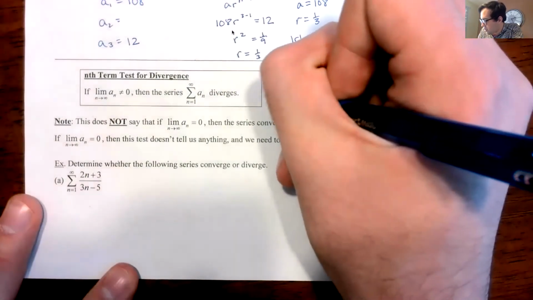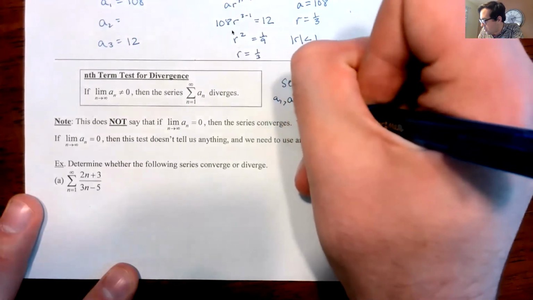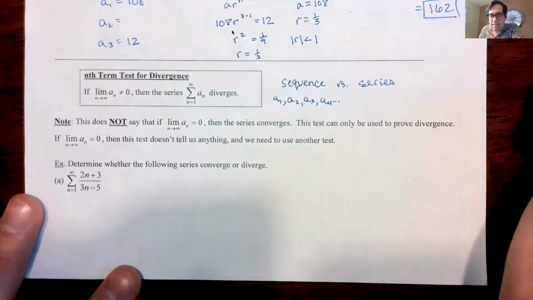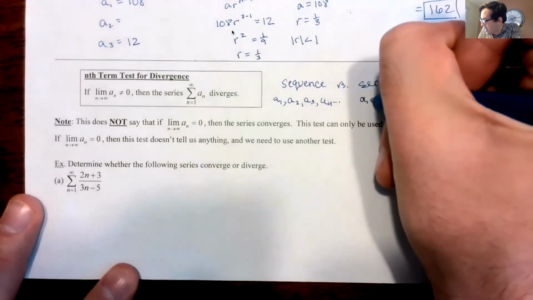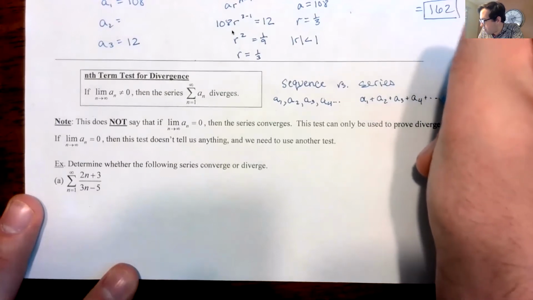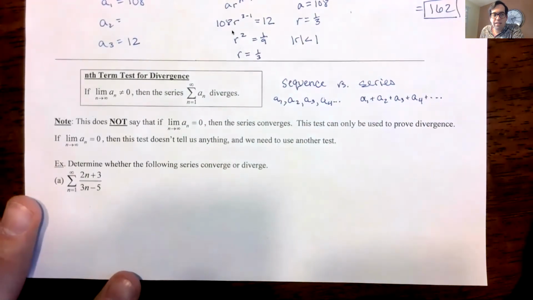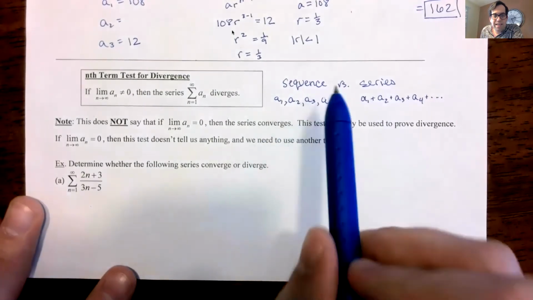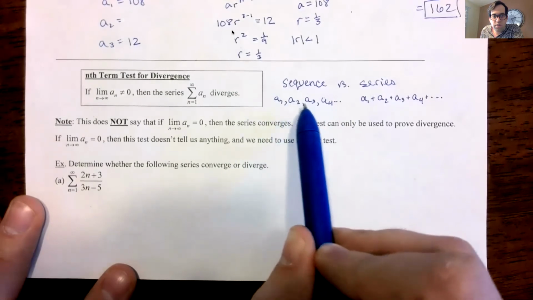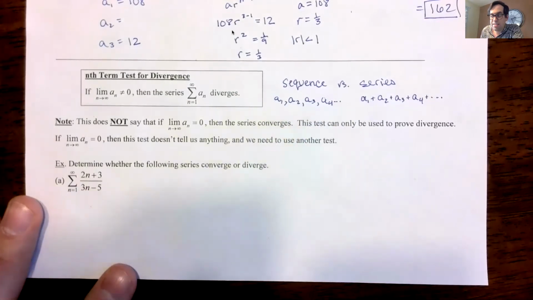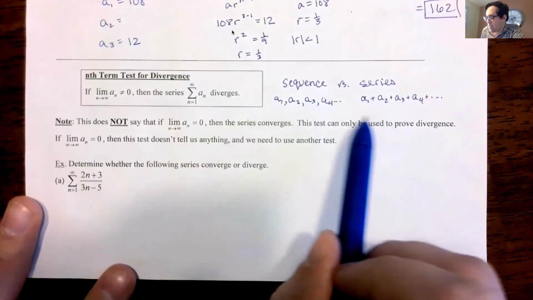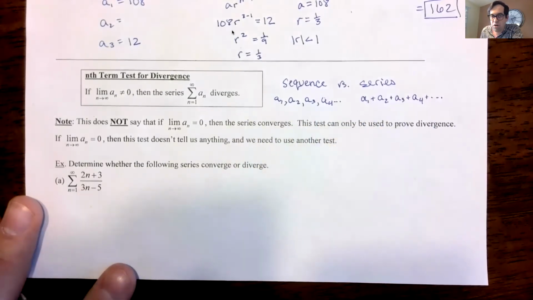Sequence just means the list of the terms, whereas series means that we're adding each of them together to figure out what the sum of all the terms is. And so the nth term test says that if the sequence of the terms is not approaching 0, so the actual terms themselves, like we did in lesson 1 from this unit, if those terms aren't approaching 0, then the series has to diverge.